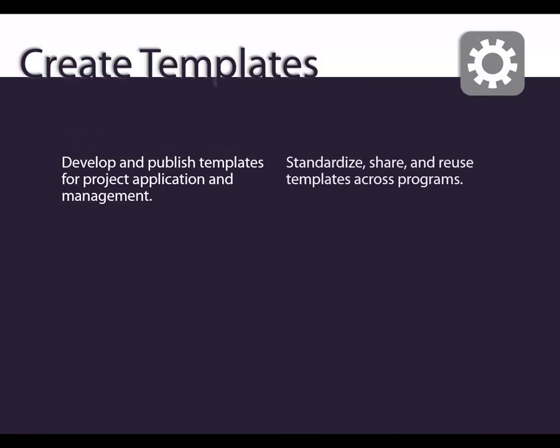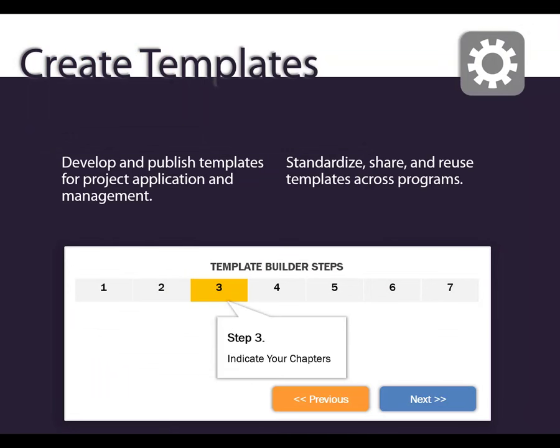Since each state and federal agency is unique and different from one another, the regulations and guidelines to manage projects may vary. Build your own project application and management templates through a guided step-by-step process, then standardize, share, and reuse templates across programs.